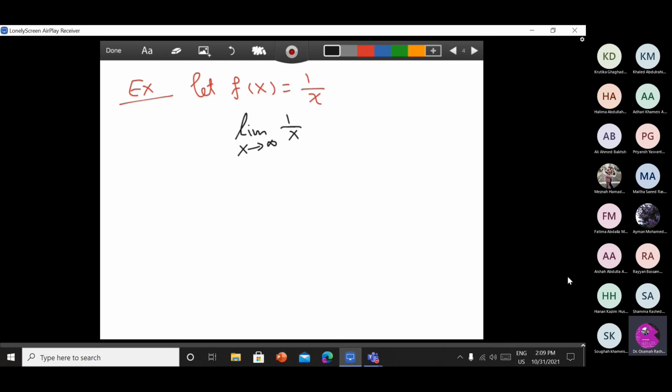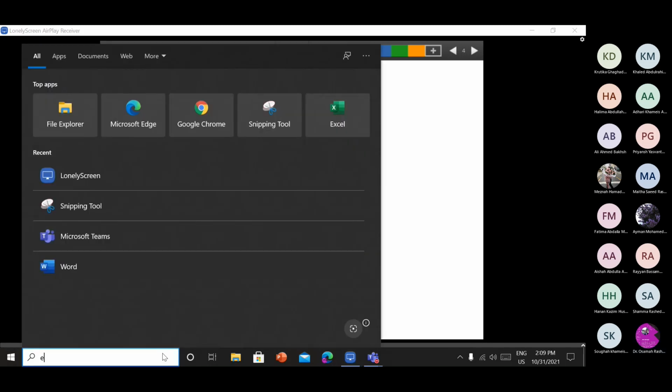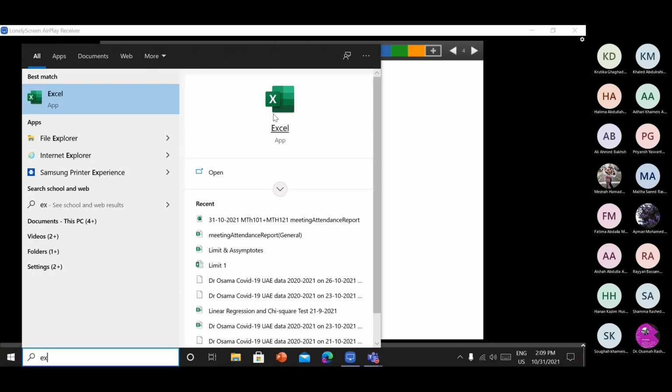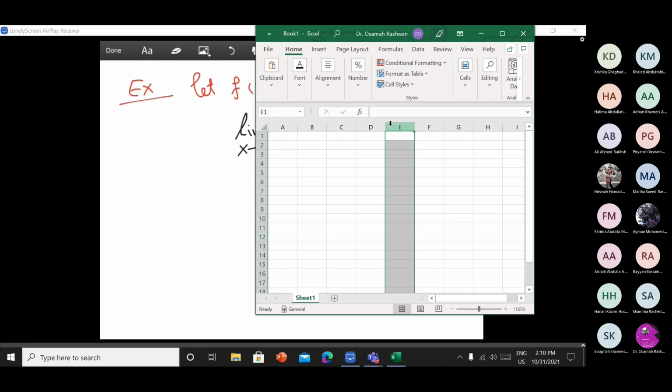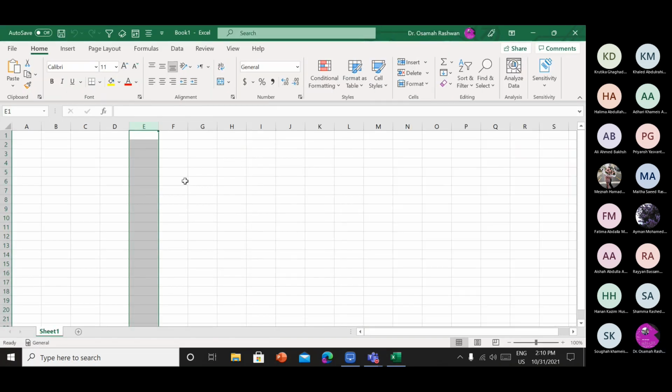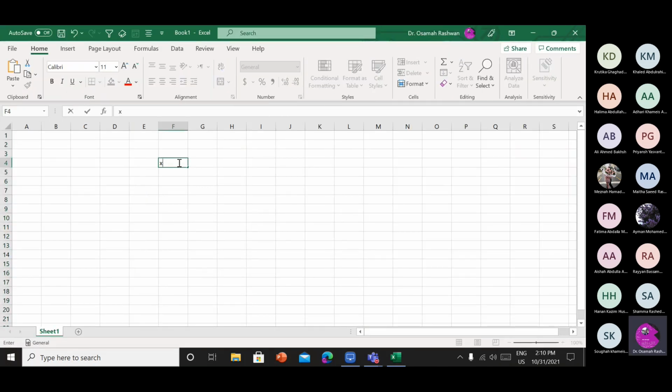Just to show you what's going on with this one, let's use Excel. Here you have x, and here you have y, which is equal to f of x, and my function is 1 over x.